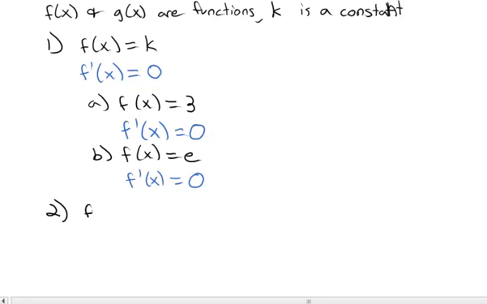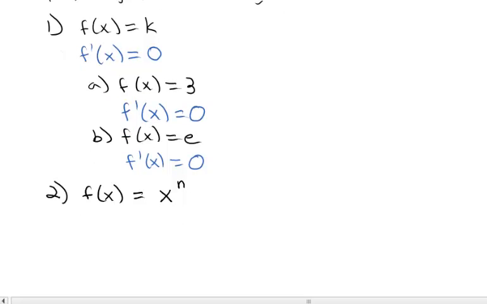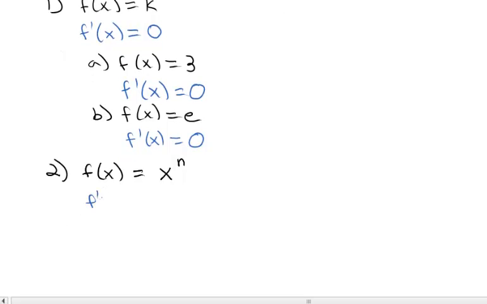The second rule of derivatives that we're going to use a lot is if f of x is equal to x to some exponent. You may have started to notice this pattern from our lesson before: if we want to take the derivative of x to some power, we put the exponent out front, and then the exponent is going to reduce by 1.